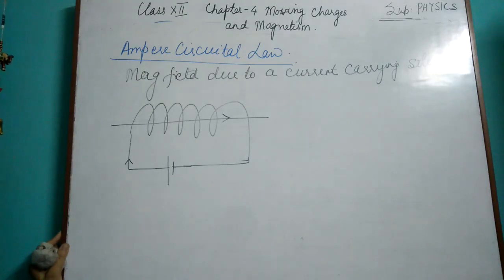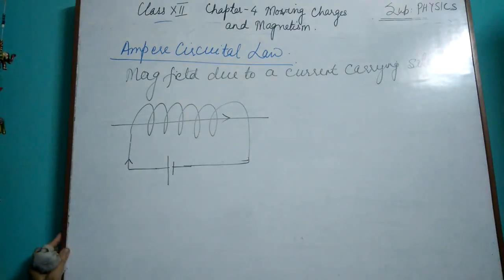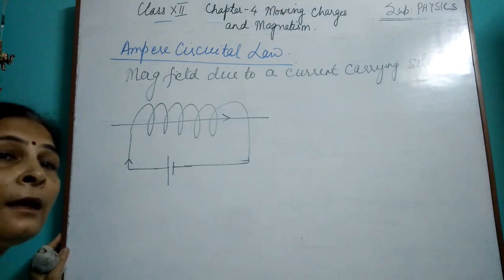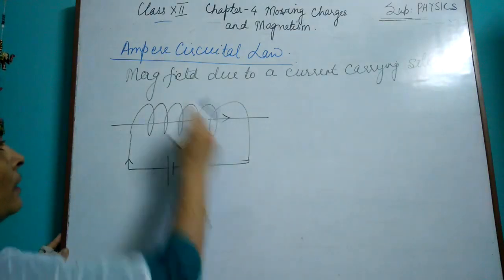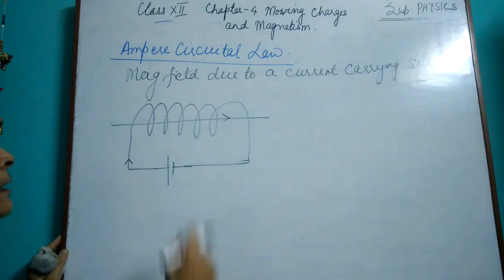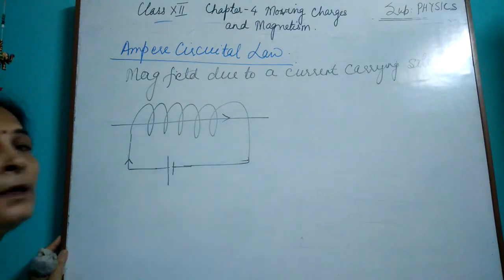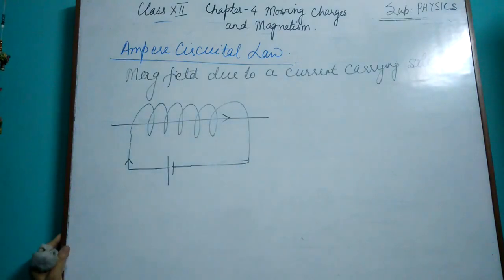First thing. Second thing, the magnetic field at the poles is much more than at the equatorial places.